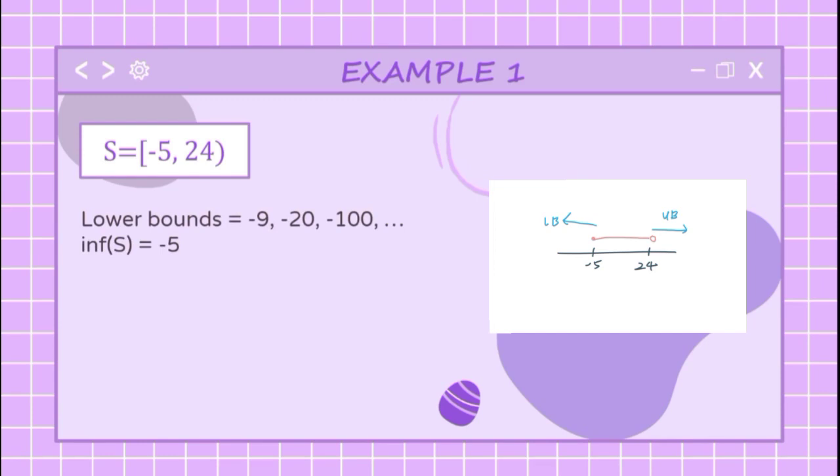So inf of S is -5. Same goes for the upper bound. We may take 25, 84, or 120. They are all upper bounds as long as they are greater than all the elements of the set. However, the least upper bound is 24. That's why sup of S is 24.